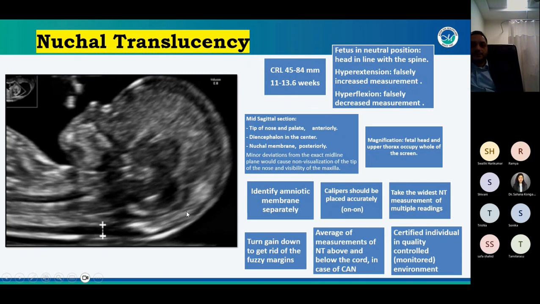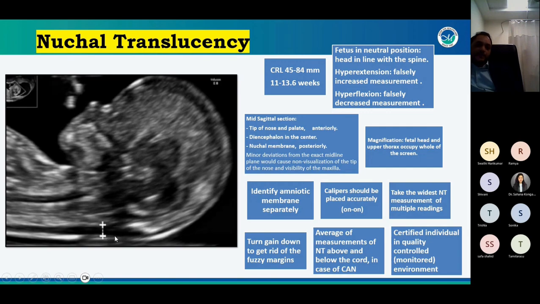So this nuchal translucency should be measured with a lot of precaution. What are all the precautions, or rather prerequisites, which should be met in order to measure the nuchal translucency accurately? Accurately in the sense, even minor deviations in measurement of nuchal translucency can have a severe impact on the results.